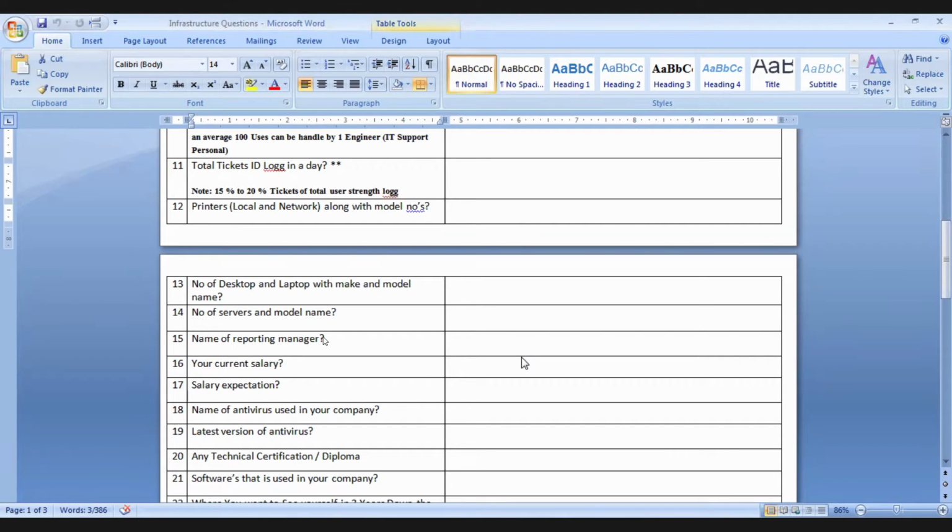See, the current salary, that is obvious. You are a fresher. Among you, a few people have worked and have some package of 2 lakhs, 2.5 lakhs or 3 lakhs, but that is in different profiles, not relevant to the current profile, and the company will not consider it. So what is your current salary?